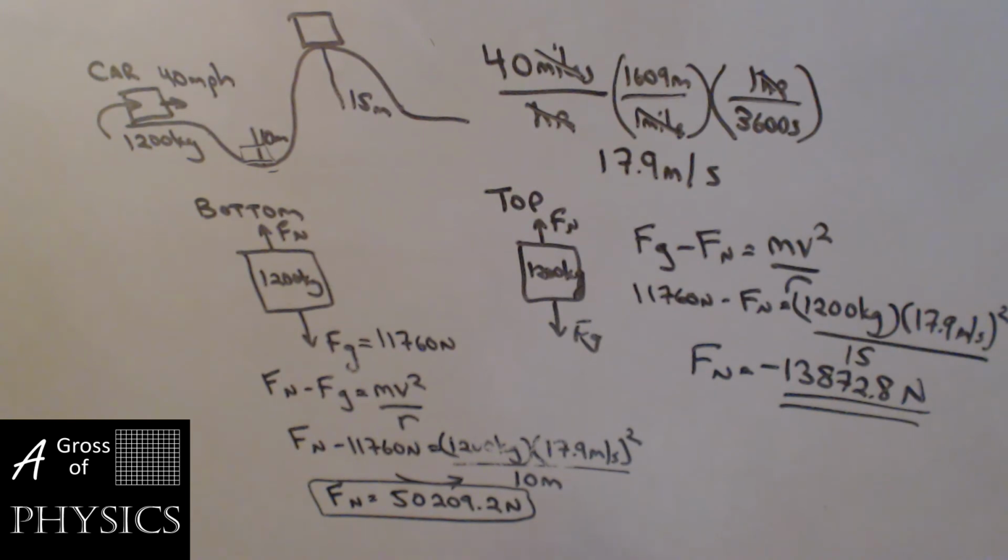What it means is at the top of that hill, if the car is traveling at 40 miles per hour, it's going to actually leave the ground and fly off the hill. So it will not even have a normal force because it's in the air.